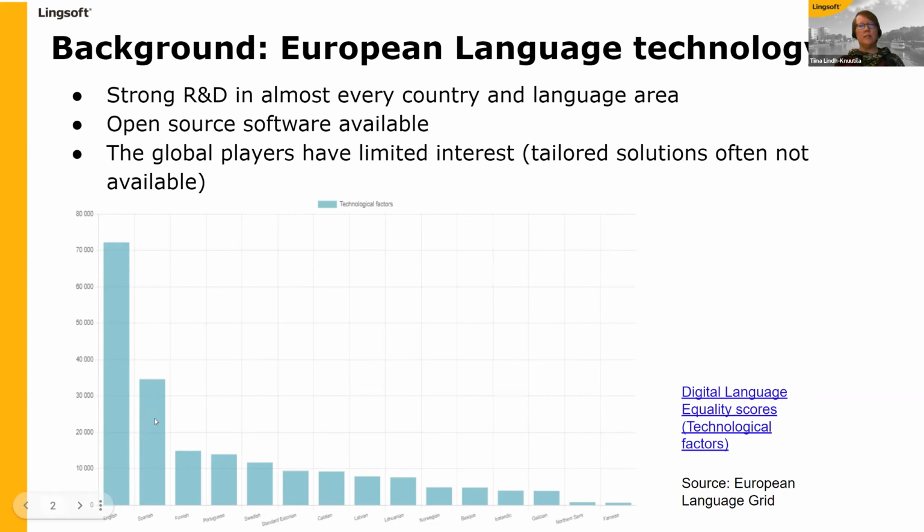The next one is Spanish. Then surprisingly Finnish is the third one. Then Portuguese, Swedish, Estonian, and then Faroese is the smallest one here at the left. So there certainly is need to provide these tools.